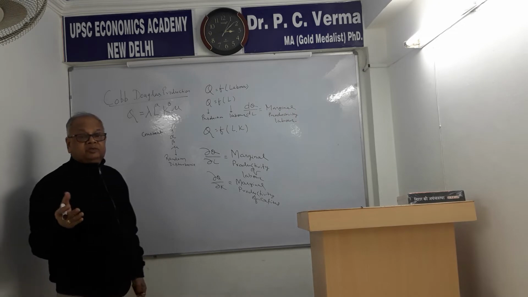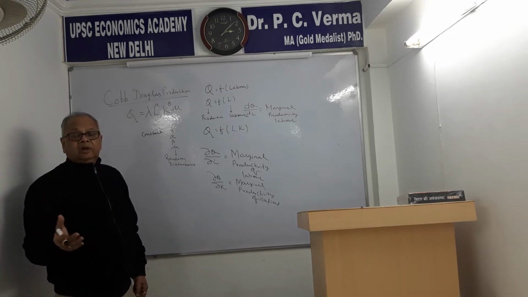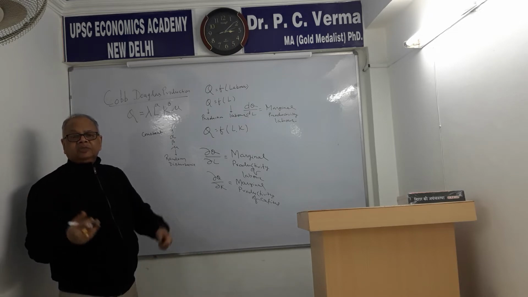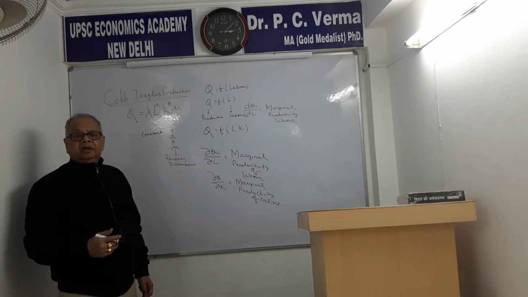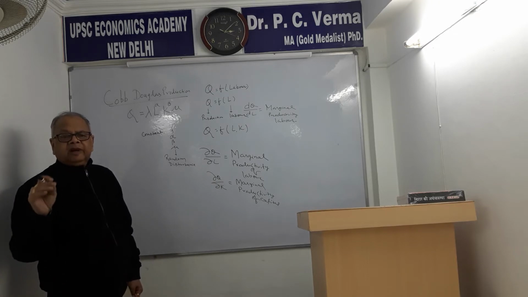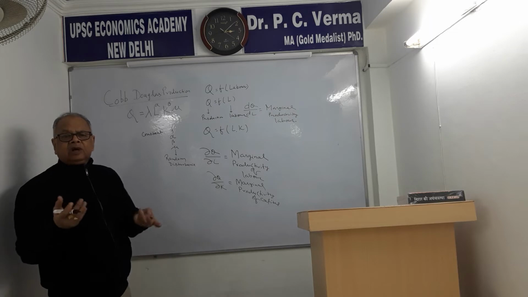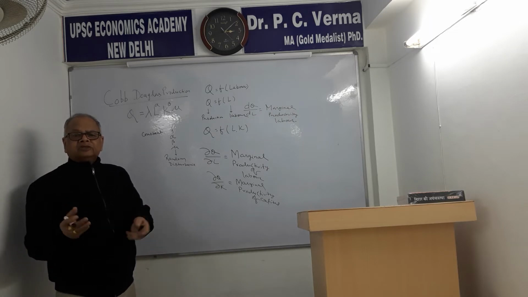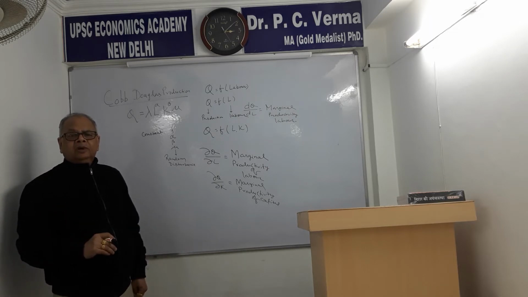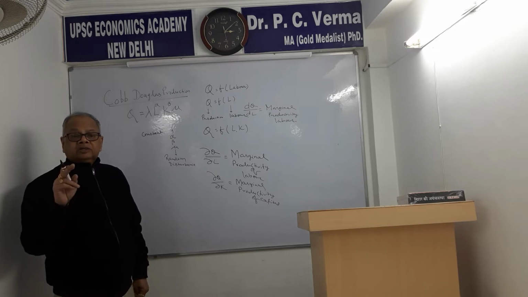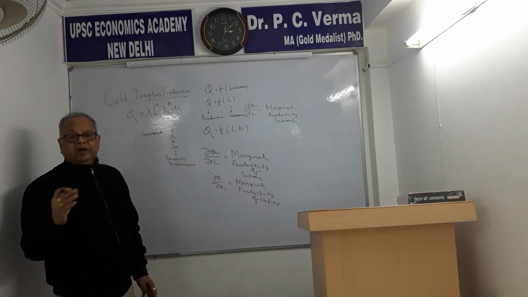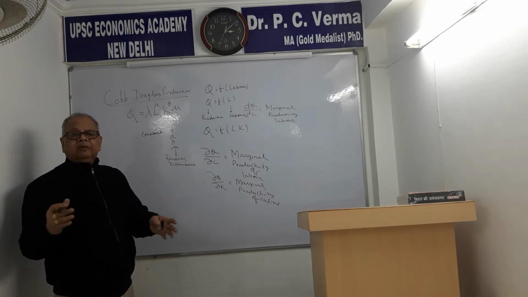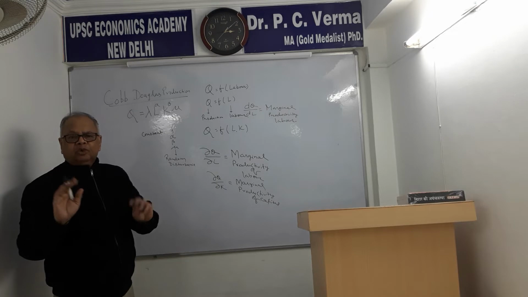Random disturbance means, just as you have seen 44 Jawans killed. This is random, suddenly. It was not expected. Likewise, you put labor and capital and there is a tsunami and production is 0. But if mu operates, then whatever labor and capital you use, you will not get any production.